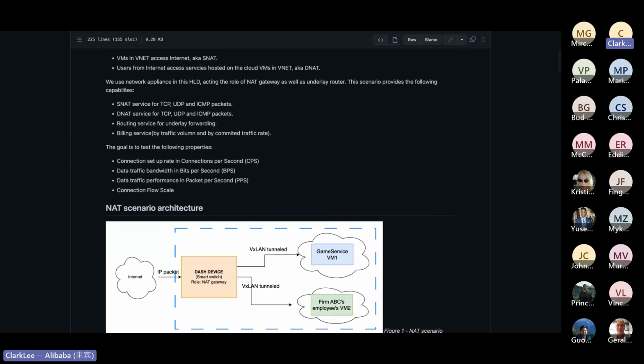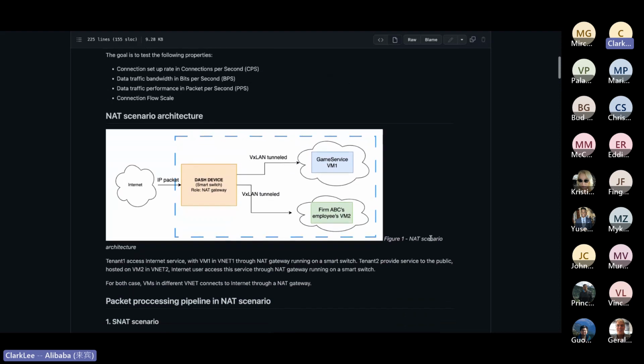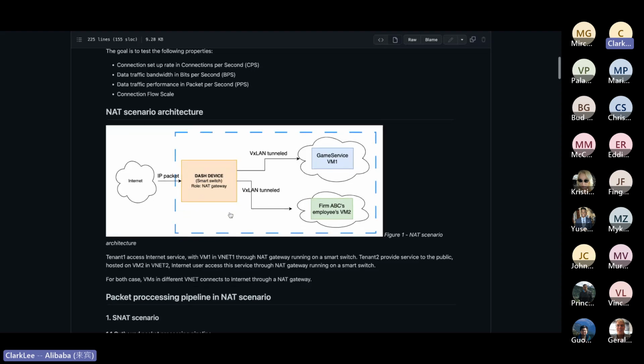I'm trying to cover a few comments from the last meeting. First one, I changed the topology according to the suggestions, changing the name of the dash device. It's a smart switch rather than the appliance, which was an improper name.